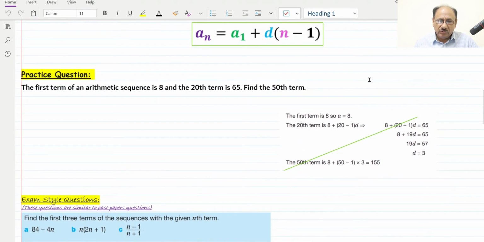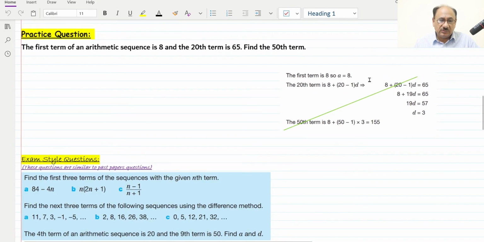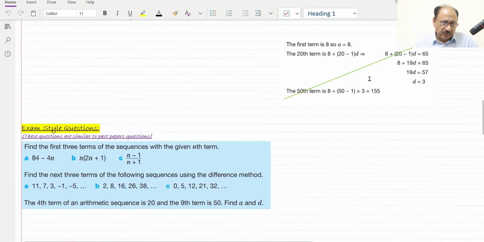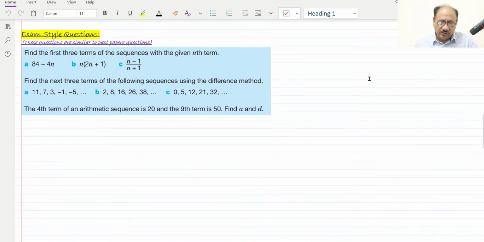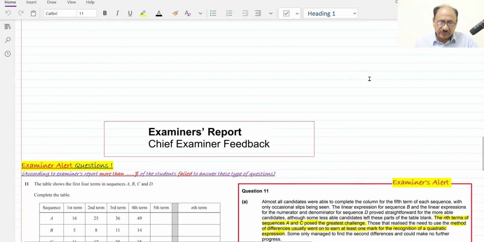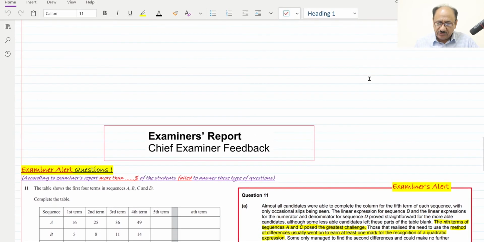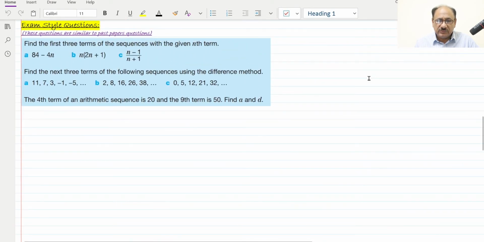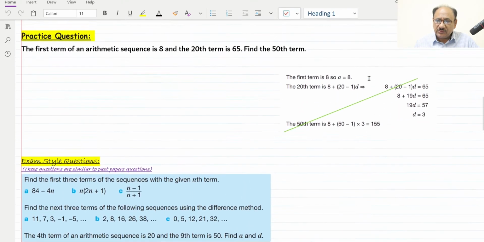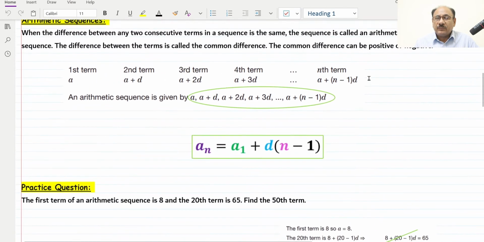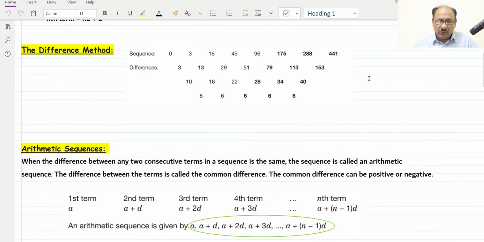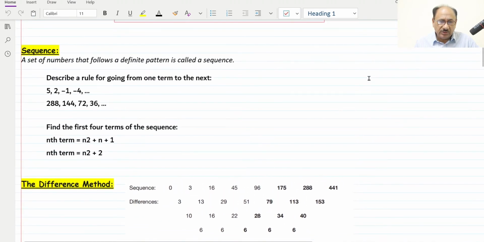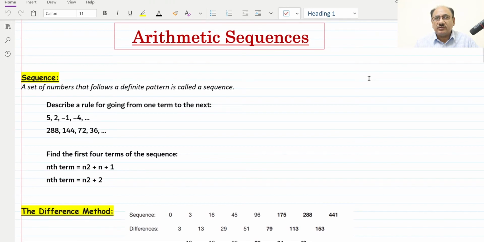We'll be going through some very interesting practice questions and exam style questions as well, and at the end we will be discussing the examiner's report, which we have taken from a past paper question. The examiner's report explains how many students were able to answer and what part of the question was difficult for the candidates. So that is also very important for you to know.